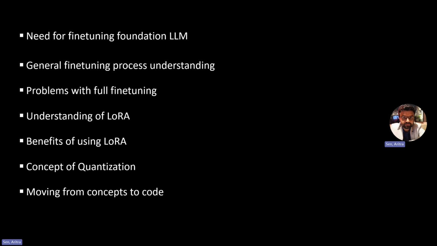Then we will talk about what the problems associated with fine tuning are, and slowly we will try to build the concept of LoRA and quantization, and then we will see the benefits of LoRA. What are the benefits if you want to fine tune your foundation LLM model using the concept of LoRA? And in part 2, which will be released tomorrow, we will talk about the code implementation using the concepts which we will learn in this video. So yeah, let's get started.